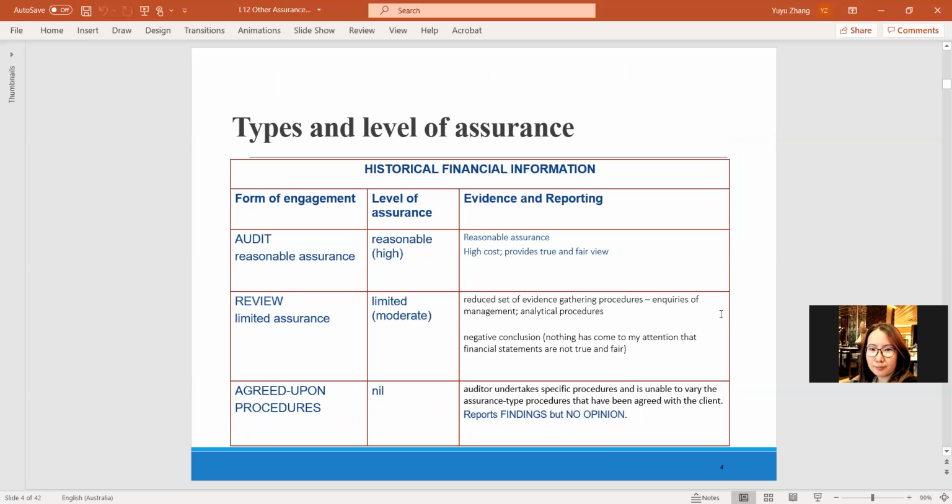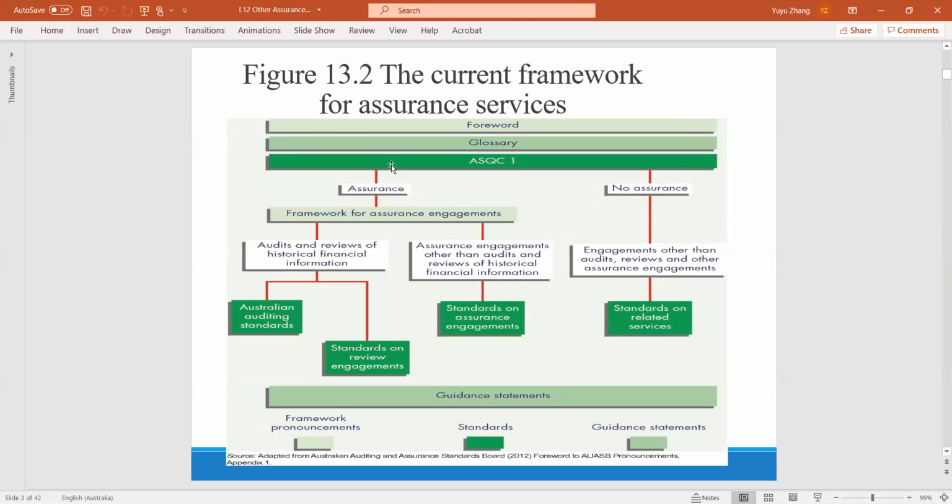So in Module 1, as we could see from the prior figure, although the financial statement audit is still the main focus for the auditing practitioners, we can now observe other assurance services and other engagements other than assurance services have become more and more popular and more important for the profession, especially for those accounting firms.